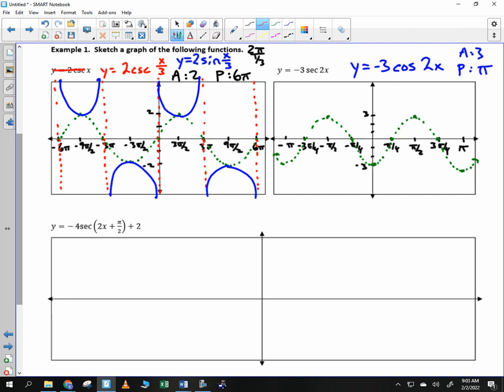Mark the asymptotes. And now, make my U-shapes.